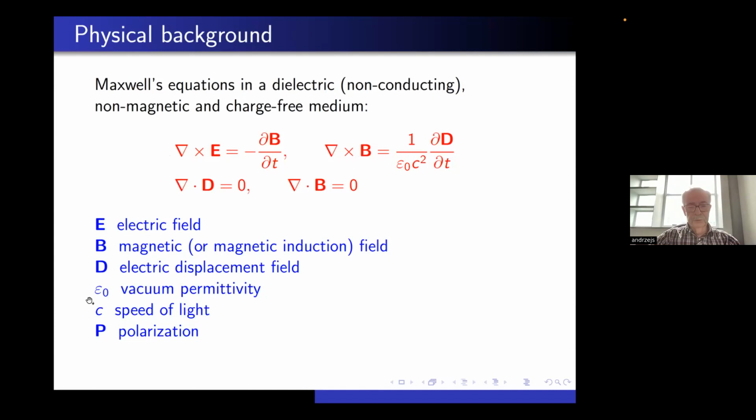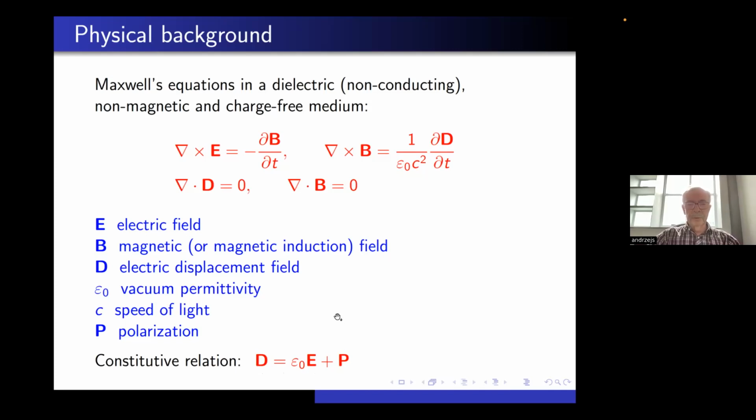And we have two physical constants, and another important quantity is P, which is given by this constitutive relation. So D is equal to epsilon 0 E plus P.